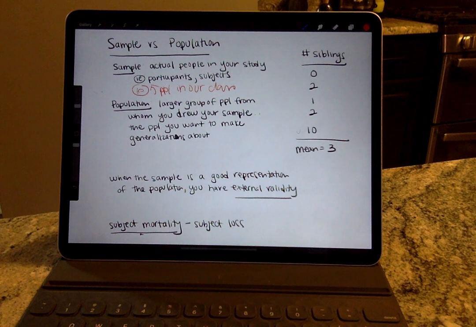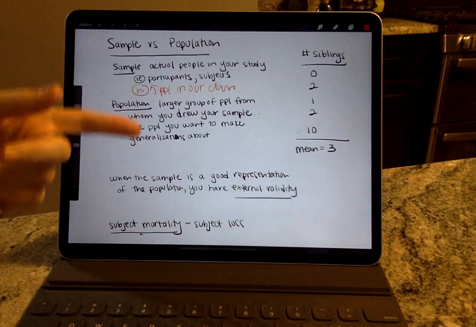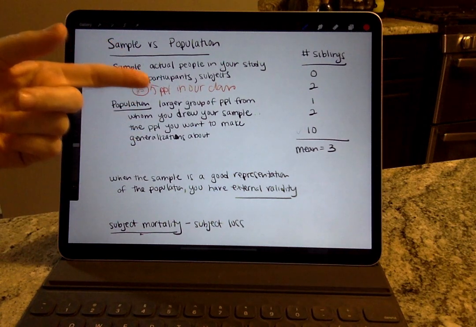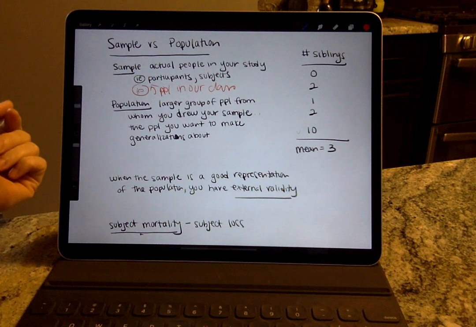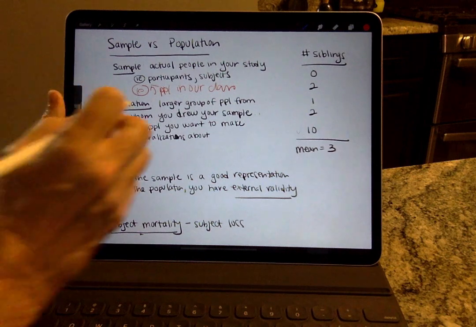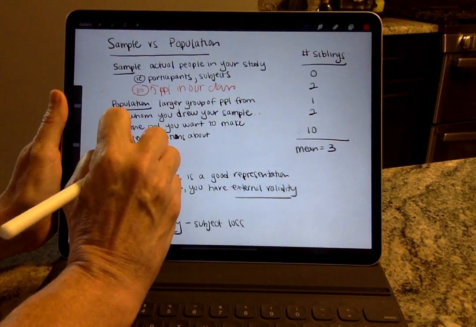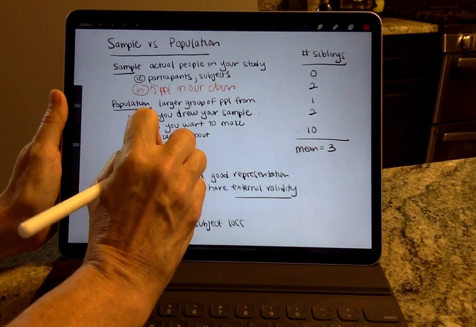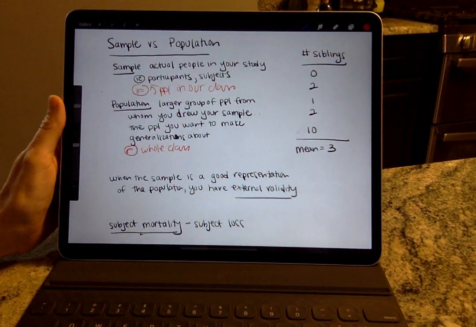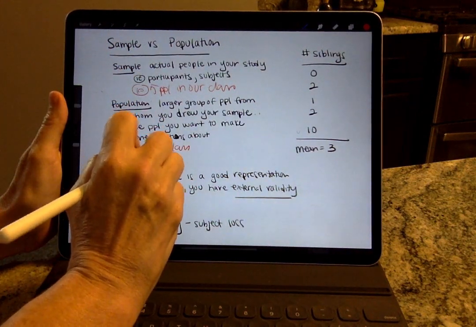All right, so let's assume that in this study the population wasn't well-defined in advance. Let's think about the populations that we could talk about in terms of this particular sample. We drew this sample from 5 people in our class. So maybe the population is the whole class. Maybe the population is the whole school.